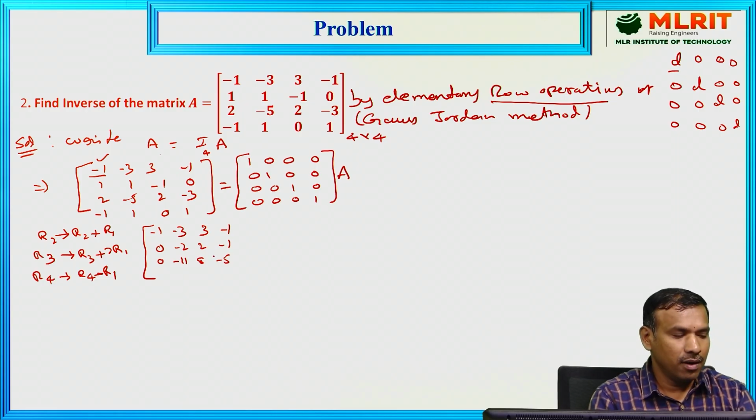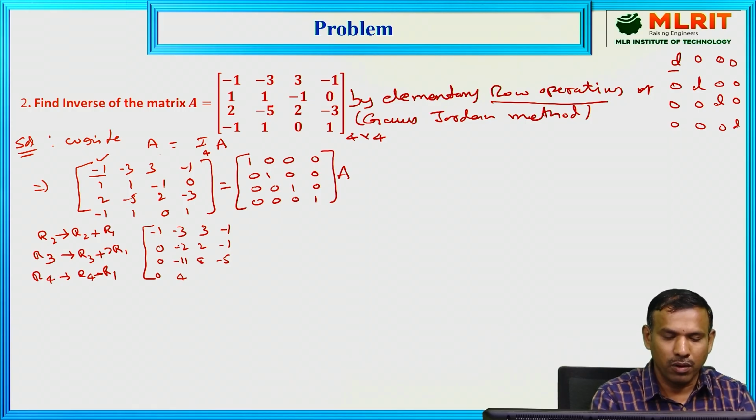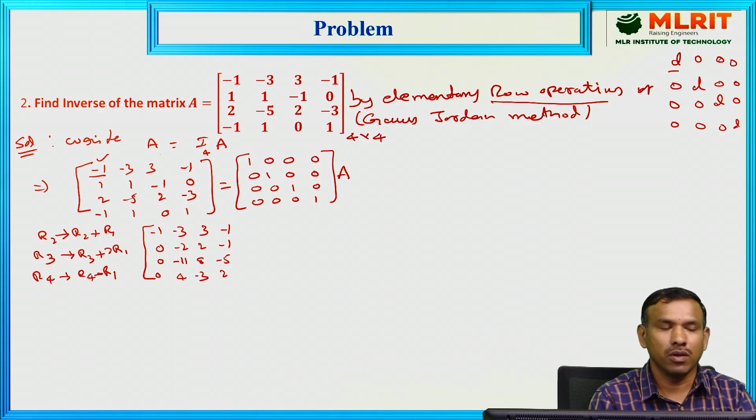Next R4 minus R1: -1 plus 1 is 0, 1 plus 3 is 4, 0 minus 3 is -3, 1 plus 1 is 2. So the rows are 0, 4... -1, -3, 3, -1; 0, -2, 2, -1; 0, -11, 8, -5; 0, 4, -3, 2.